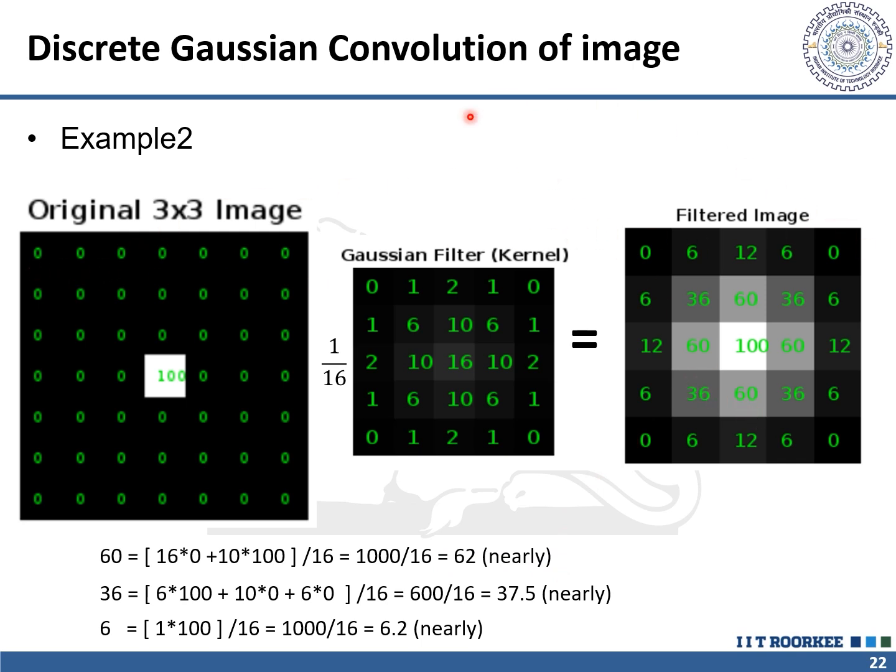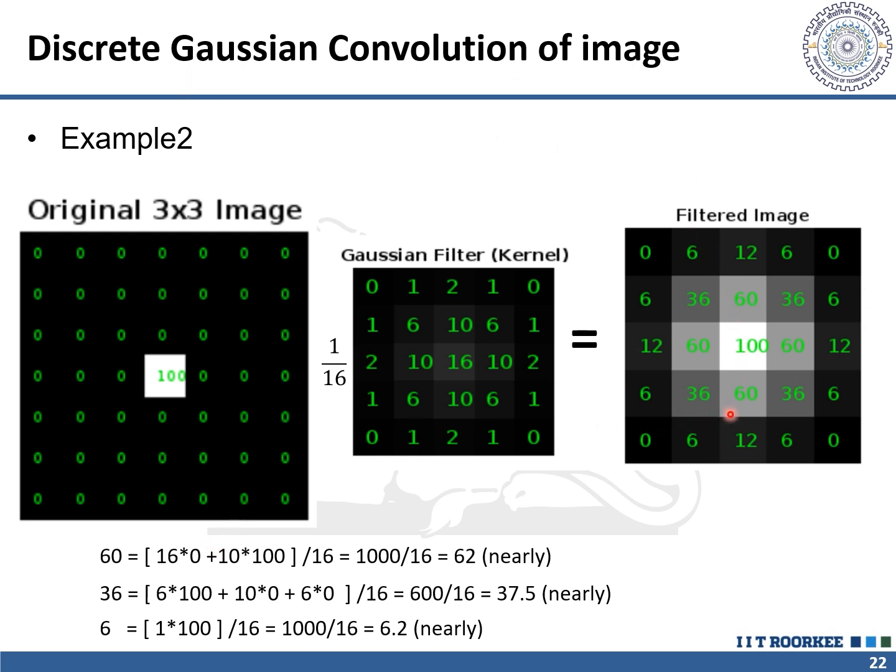We have considered black as 0 and white as 100. If we had chosen a wider range, say 0 to 1000, this would have been more accurate. So that's why there is this ambiguity, but that's correct for our discussion of Gaussian.